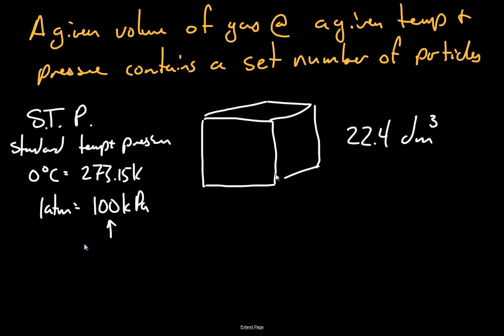Remember what this actually is: 100,000 newtons per meter squared. At these conditions, 22.4 cubic decimeters will contain exactly what?